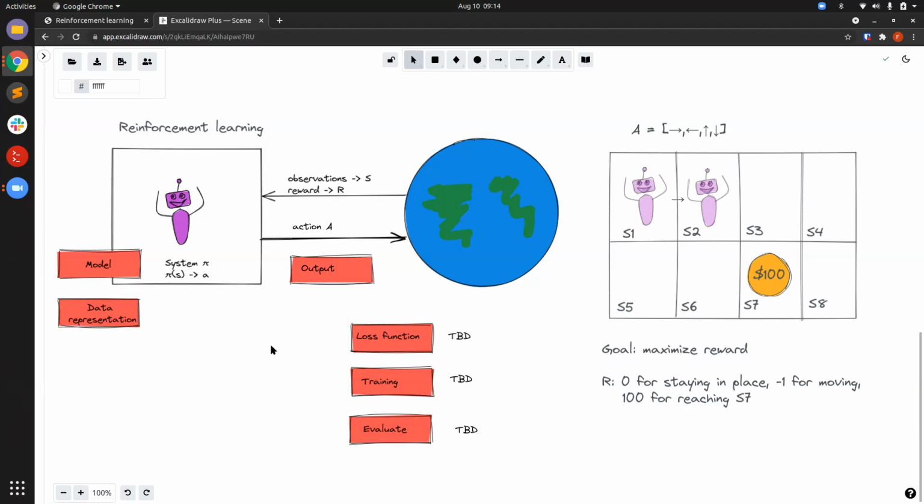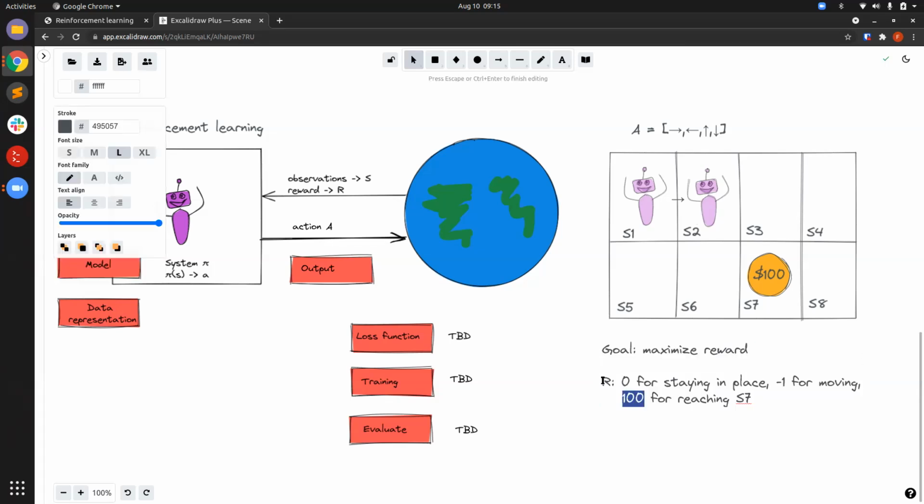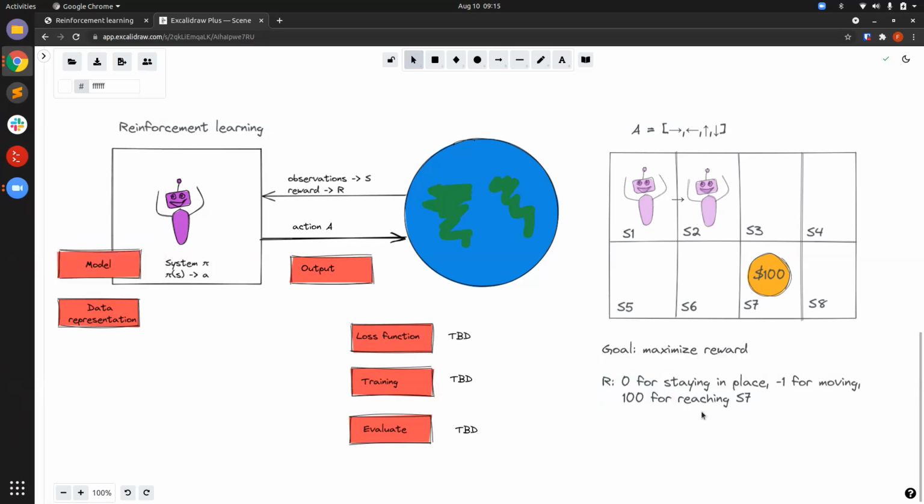So the transition between states based on actions can be stochastic. So our reward can be stochastic. Our state transitions can be stochastic. And by the way, any of this can be stochastic. So we might say for staying in place, the reward is 0 with probability 50% and 0.5 with probability 50%. So any of this can be stochastic.